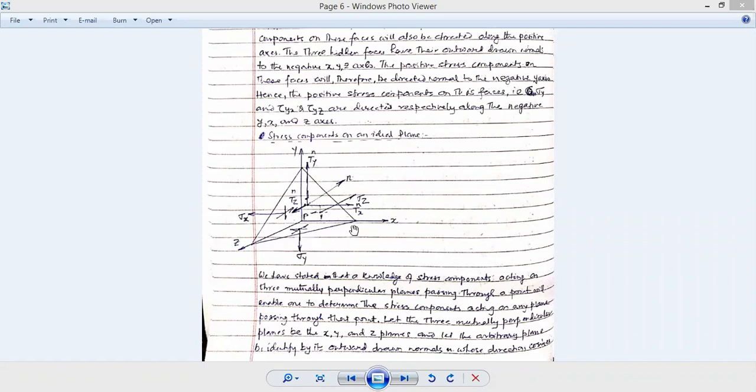All its faces are triangular. There are four faces: one, two, three, and this ABC face. There are four apexes, and four sides. So we have four planes, four sides, four apexes.